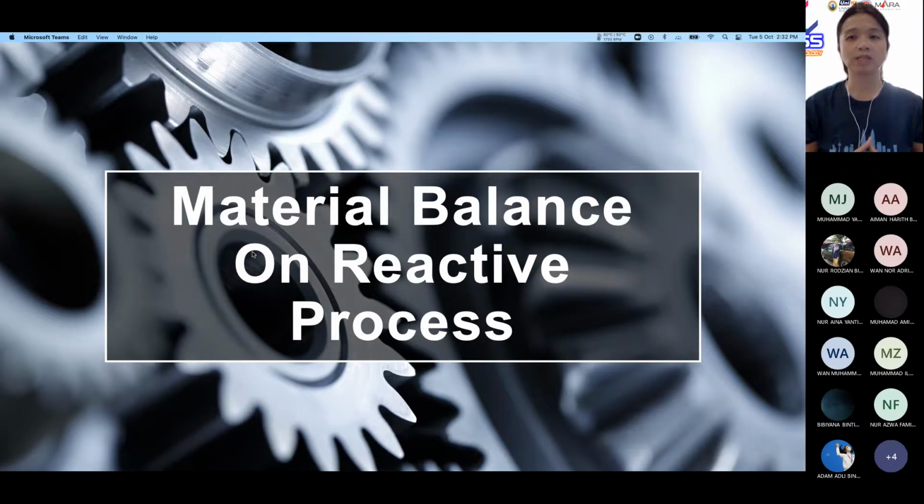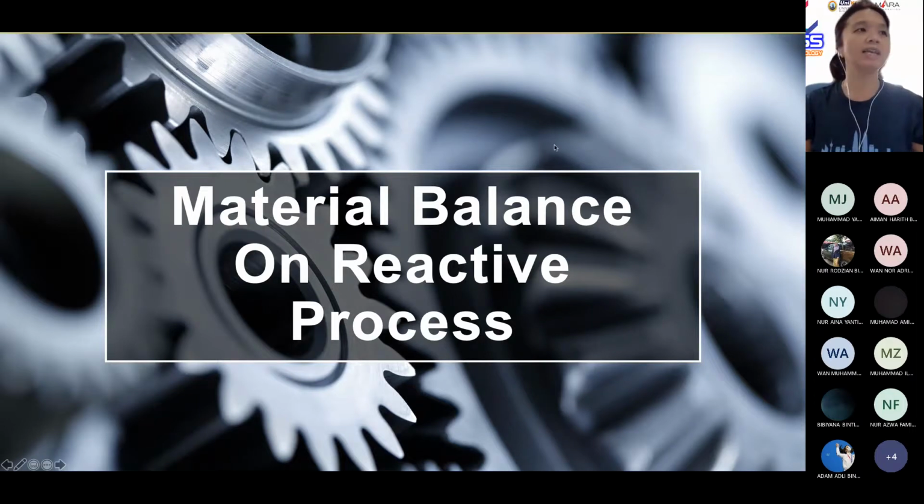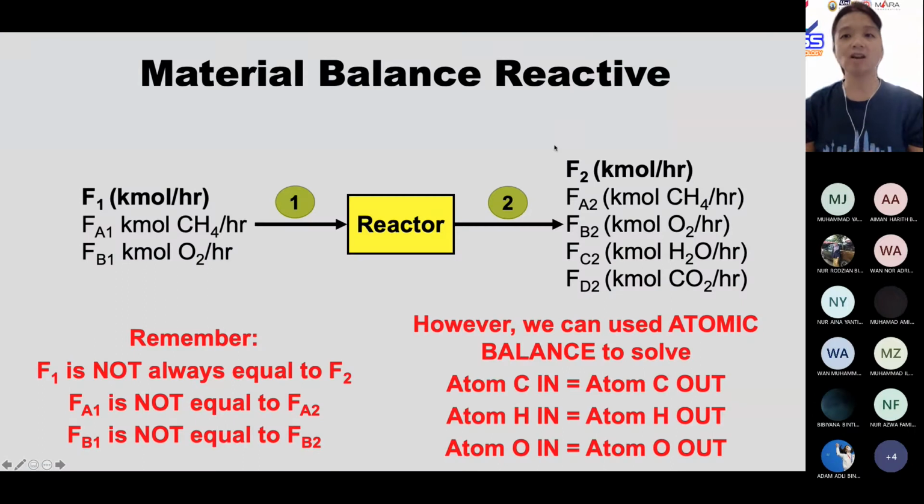Because in a reactive process, in a reaction, we have new products produced, meaning the compound is not in the inlet but appears in the outlet, because reactions take place. So in this case, we have two methods that you learned previously. One is the extent of reaction method, or sometimes you call it the Chi method. And the other is the atomic balance method.